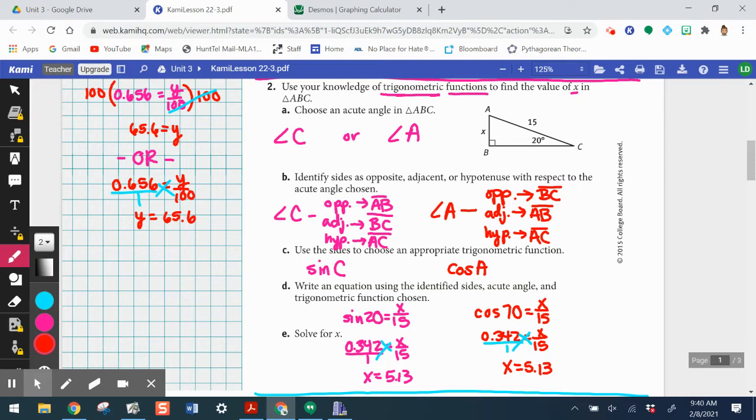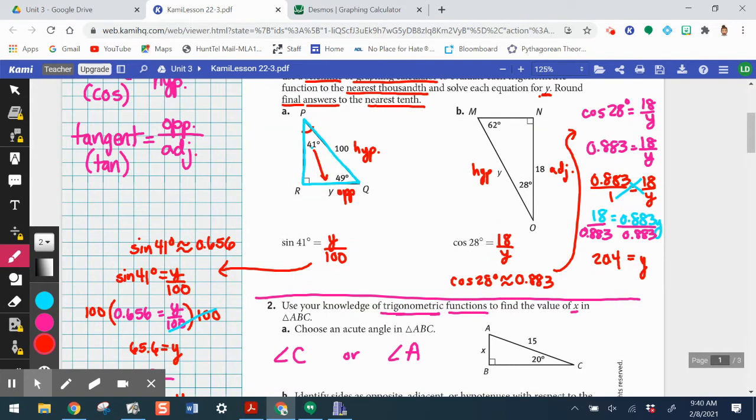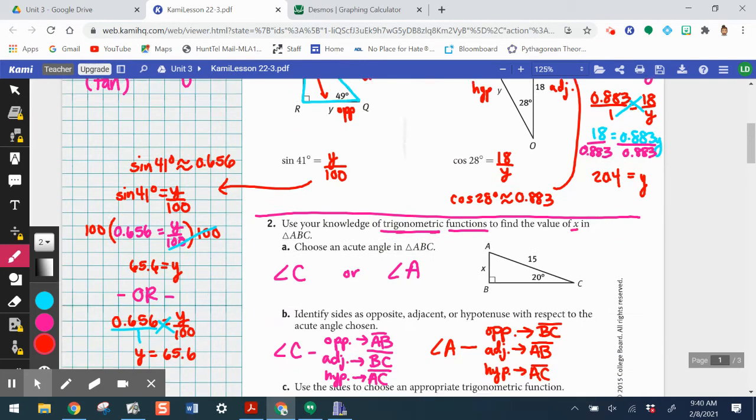So item 2 is actually a great way to determine what trig function to use to find a missing side. And I roughly explained that on items A and B, why they chose sine of 41 and cosine of 28 because of the information that was given.